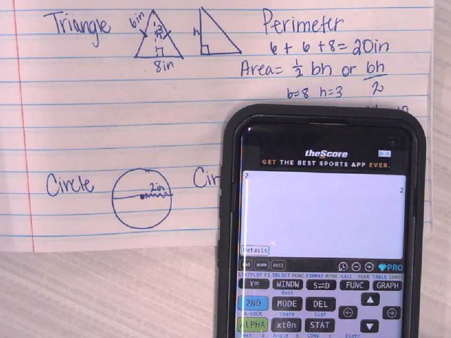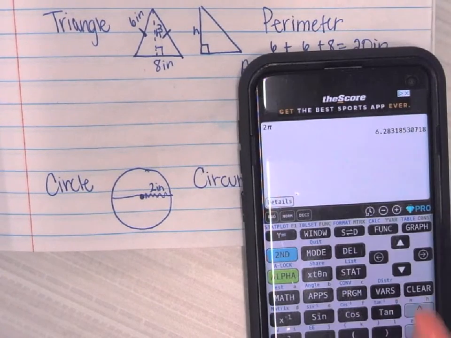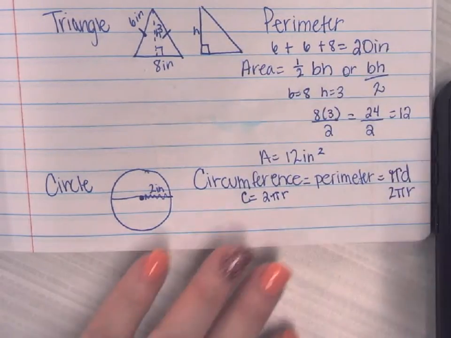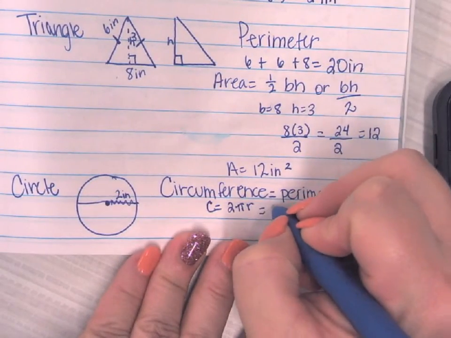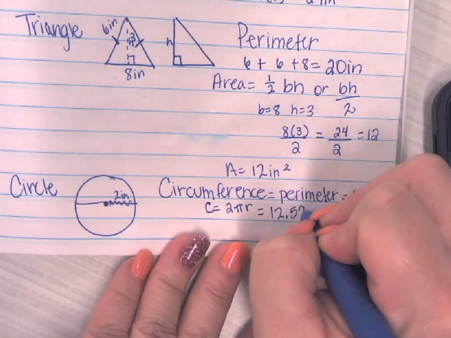Two, and then pi is, where's pi on here? Yes, above, second up arrow pi, and then my radius is 2. So I'm going to put that in there and press enter. So it's 12.57 inches.